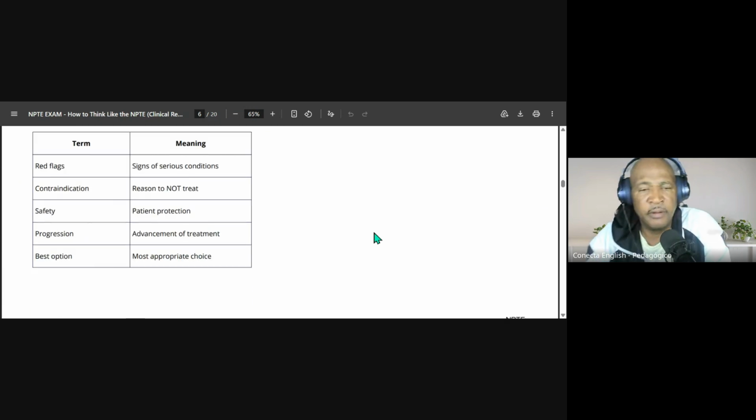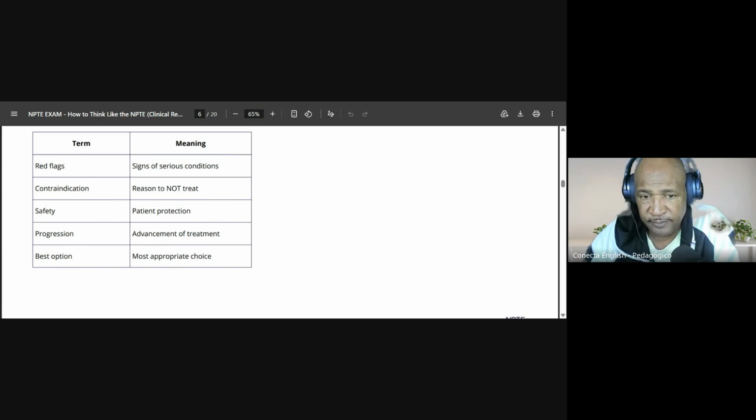The second part of our vocabulary, red flags. What are red flags? Red flags are basically signs of serious conditions, all right? Conditions such as contraindications, which is basically a reason not to treat the patient.